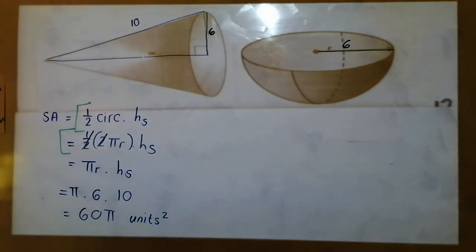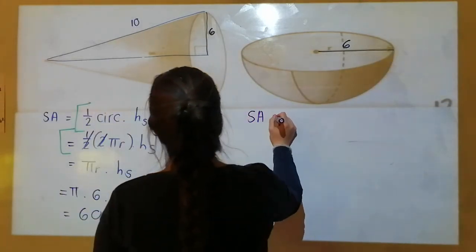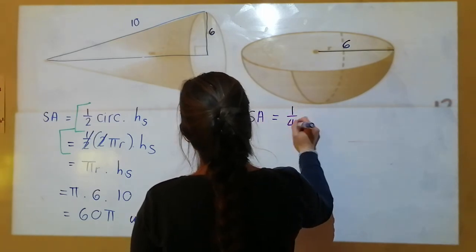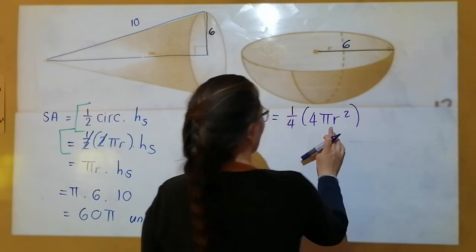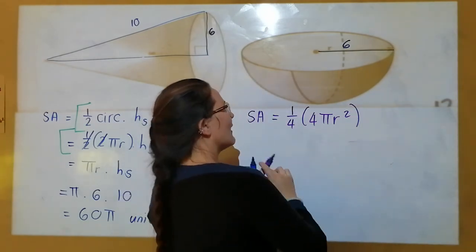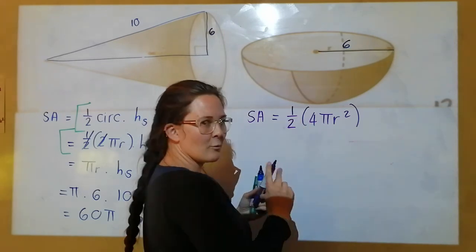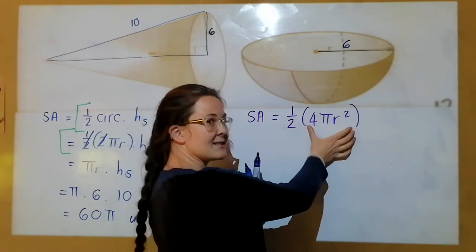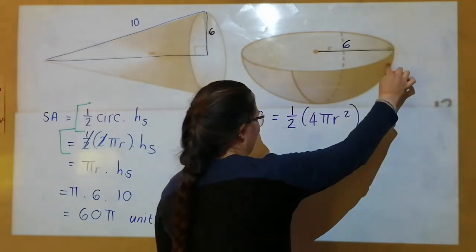And then I'm going to work out my hemisphere, and I know that an open hemisphere, the surface area, is equal to half of 4 pi r squared. Where do I get this 4 pi r squared? It's a half times 4 pi r squared. This is the surface area of a sphere, but I'm halving it because it's a hemisphere.